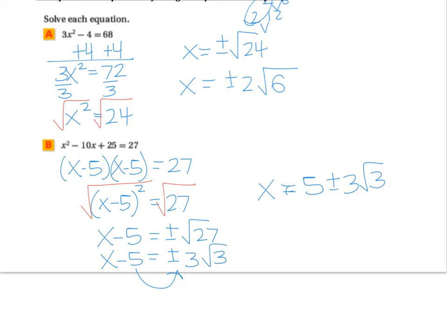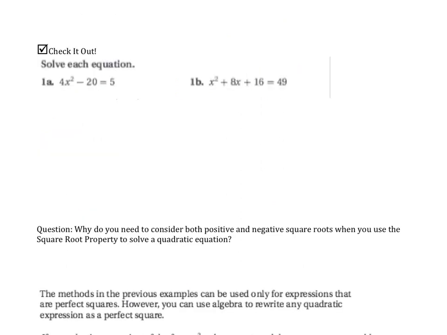Okay, there are 2 examples, or 2 check-it-outs for you to try that follow these 2 examples. So pause the video, play as I'm writing, and check your answers.